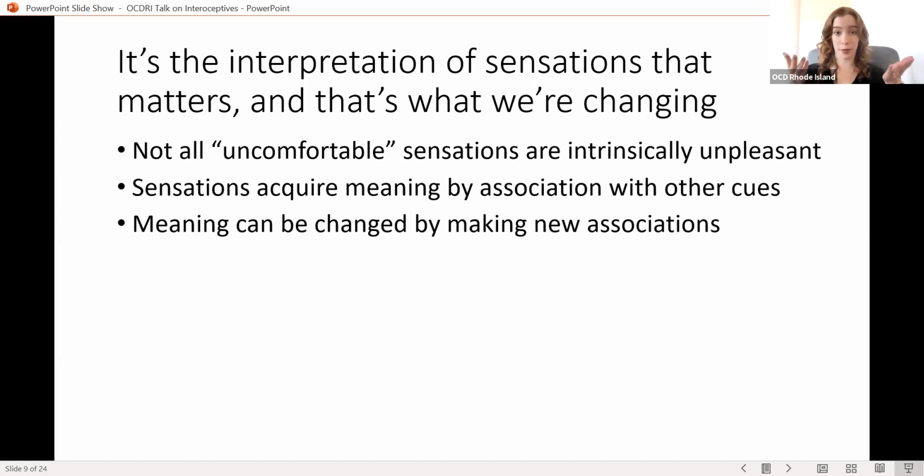One caveat that you might have been thinking of as I said all this is, what about those sensations that really are intrinsically unpleasant? Nausea is probably the best example of that, or chronic pain. And those sensations, yeah, they're legitimately never to rarely ever experienced as pleasant, right? However, it is the case that the interpretation of those sensations matters.